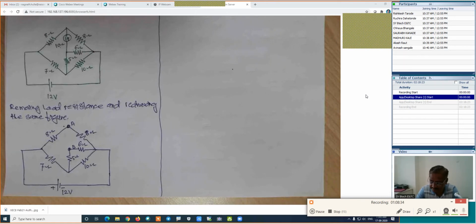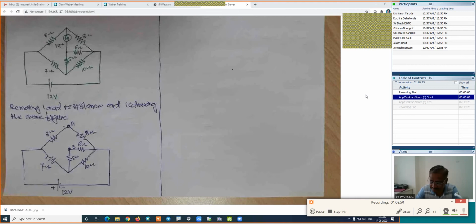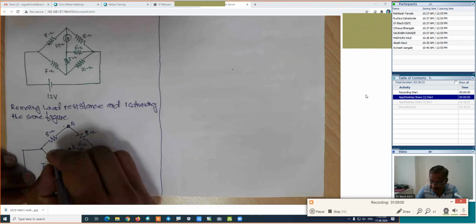Here, I will prefer the direct inspection method, or maybe the mesh analysis, because the nodal will become very complicated. In this particular case, this will be the one node, this is the second node, this is the third node. We have three nodes, and it becomes more complicated. We will prefer the direct inspection or mesh analysis.